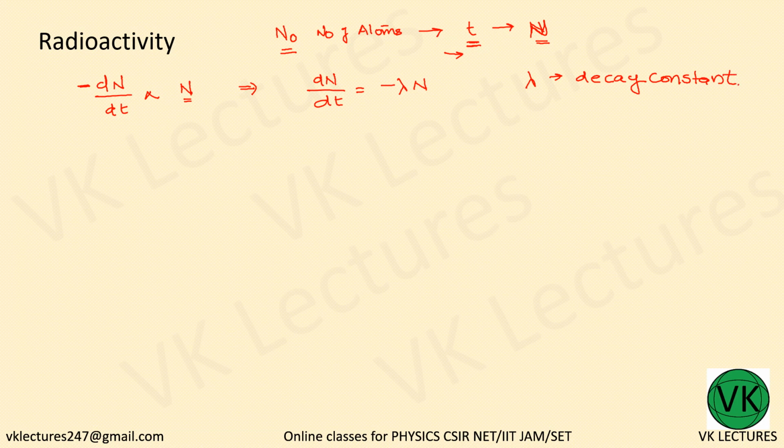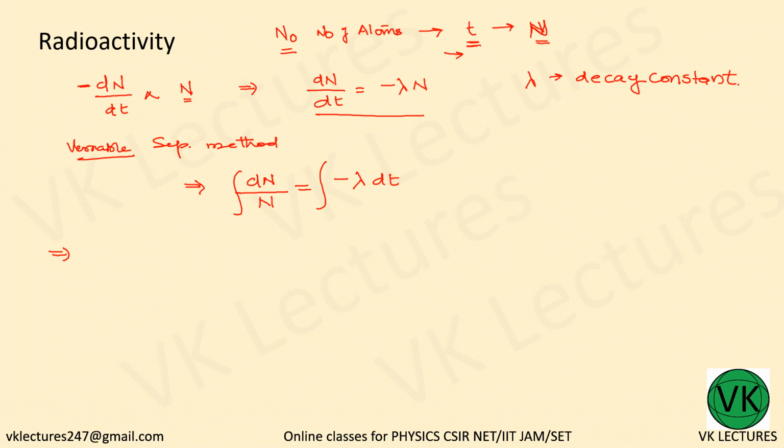So this is our differential equation. Now, using the variable separable method, you can solve this. How can we solve this? dN divided by N is equal to minus λ dt. Immediately you can integrate this.